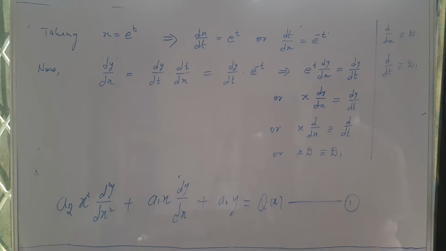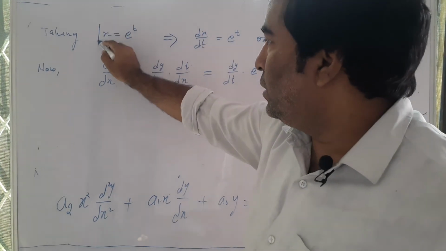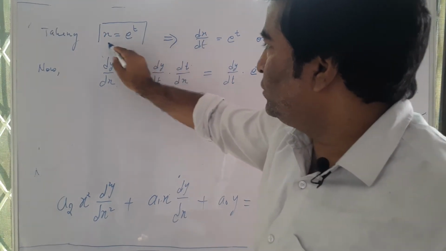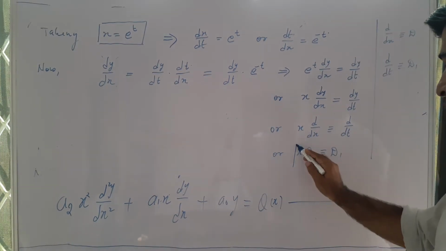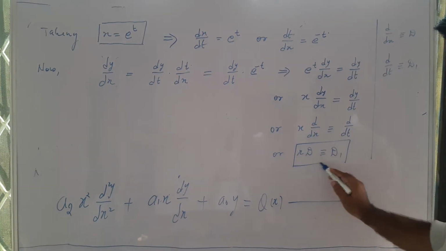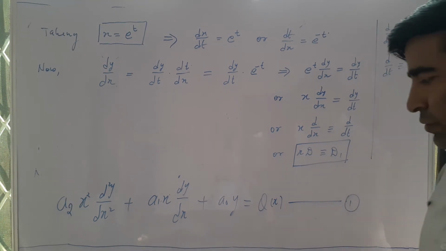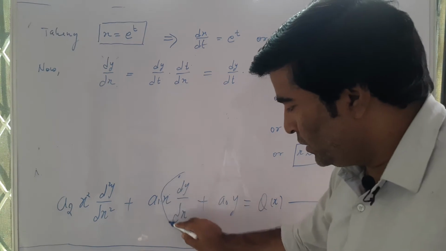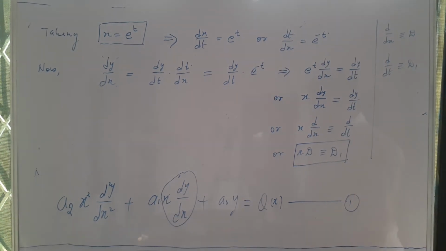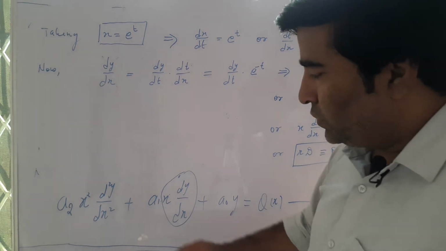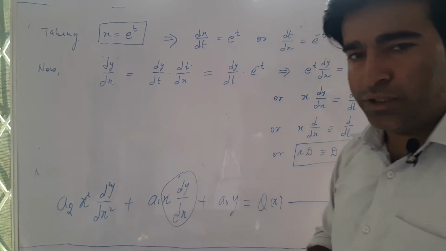Okay, so if we take the substitution x is equal to e to the power t, then we have xD is equal to D1. So here we replace D1. Here also we have x square d square y over dx square.